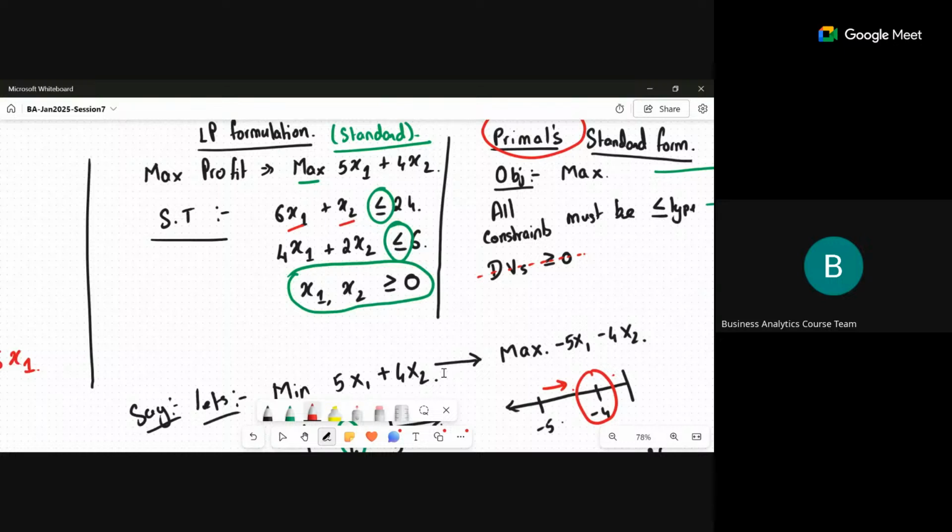If you develop a dual which calculates the worth of the resources used, that is known as the dual. So the primal always has a decision variable which directly answers your question.